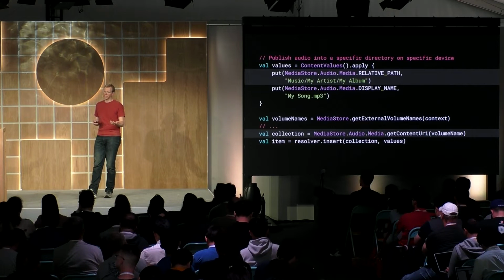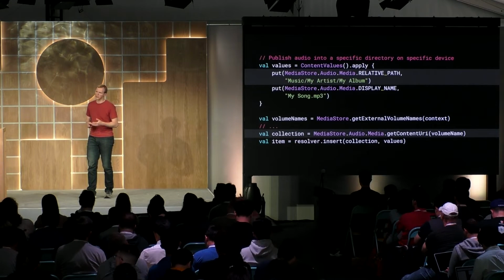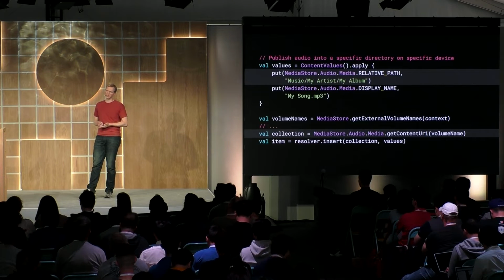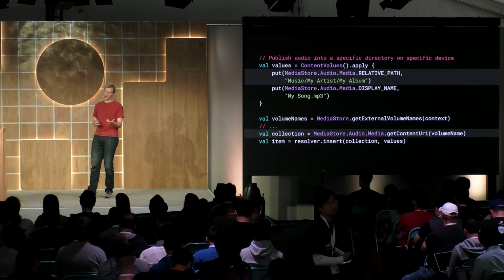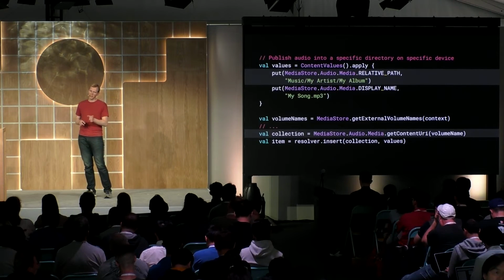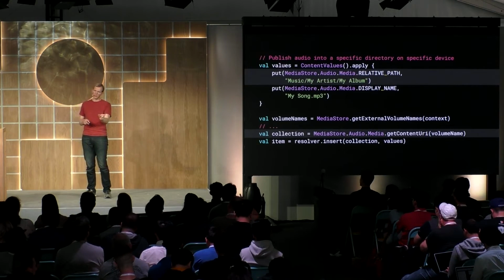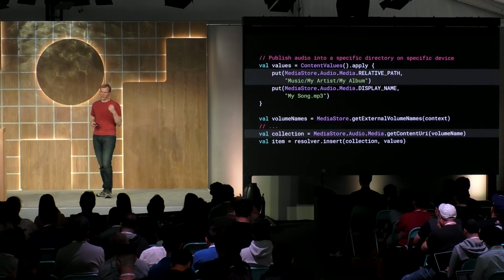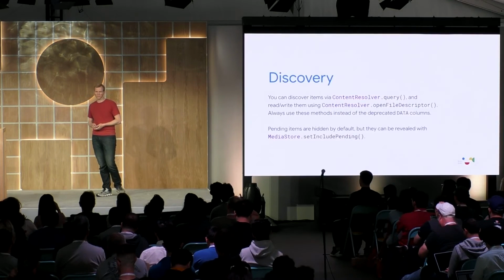Or you could have settings deep inside of your application where you let the user pivot and choose one of those storage devices. Either way, when you've made your selection, here's where you pass that volume name into the getContentUri. And this is what's going to allow us to work with the audio collection on a specific storage device. And then the final call will actually insert that and work with it.